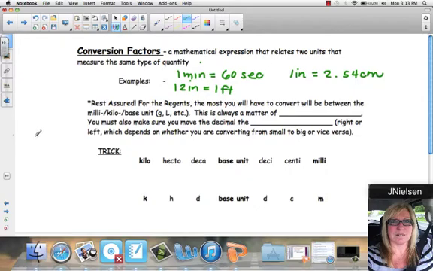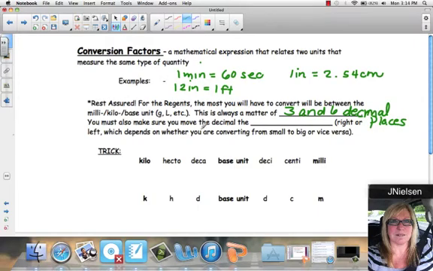Rest assured, for the regents, the most you will have to convert will be between the milli, kilo, base unit. And that could be in grams, so you might be converting milligrams to kilograms, or kiloliters to liters. This is always a matter of 3 and 6 decimal places. And I'll explain what I mean by that.